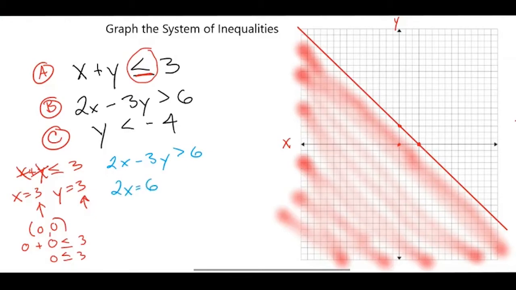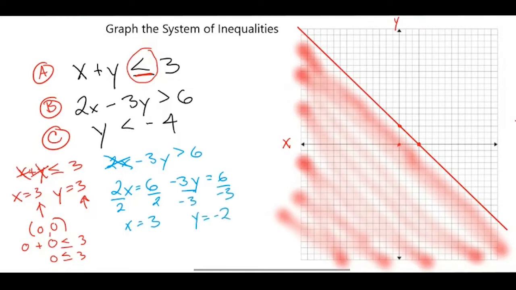In order to find my y-intercept, I will cross off my 2x. And that means I have negative 3y is equal to 6. So in order to find x, I divide by 2. X equals 3. In order to find y, I divide by negative 3.